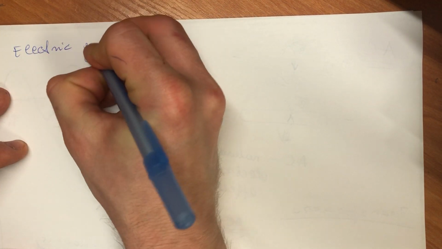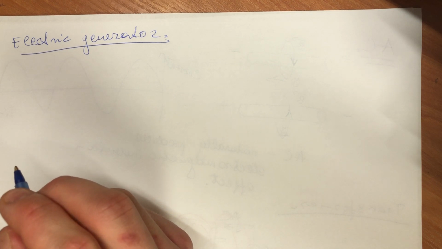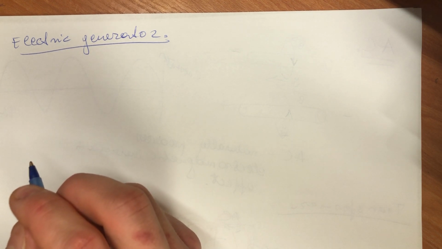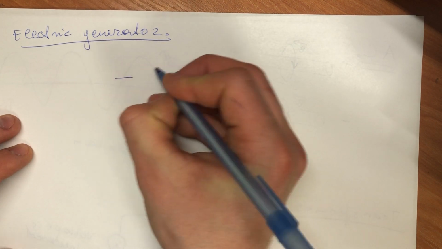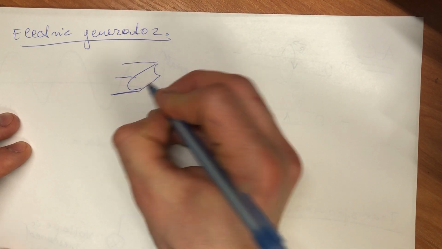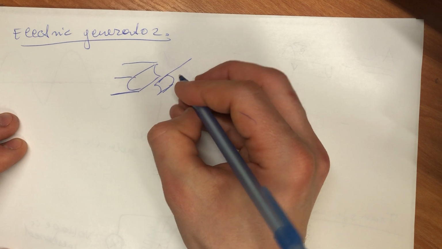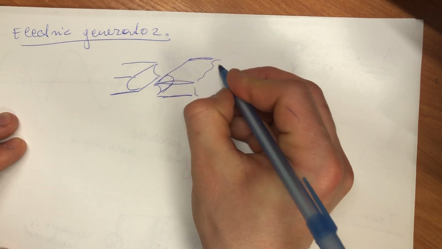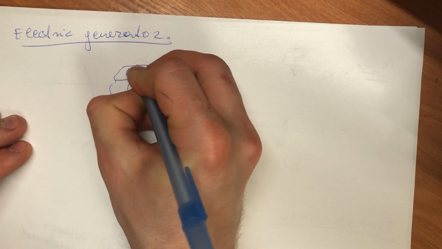An electric generator works on the principle that if we have, maybe like this, again magnet poles, it would be south pole and it would be north pole.